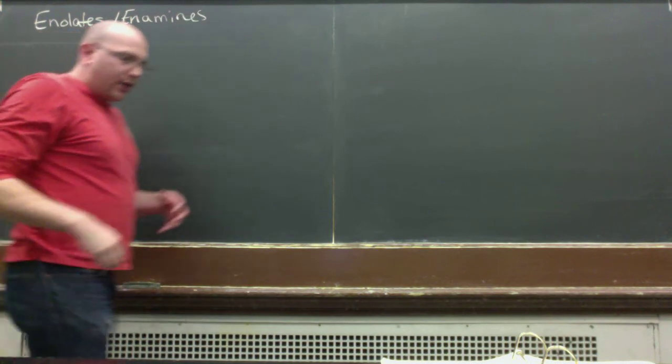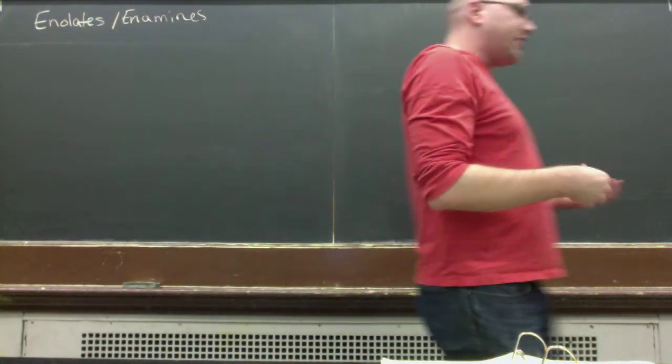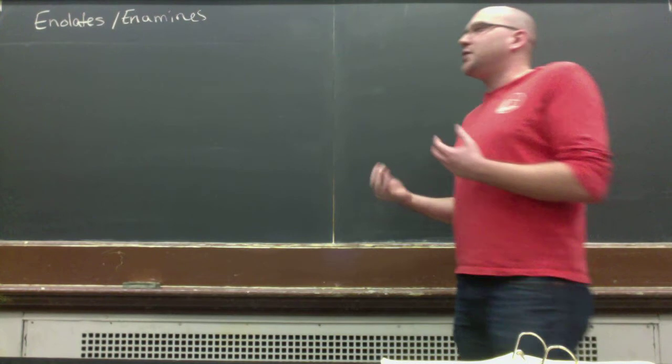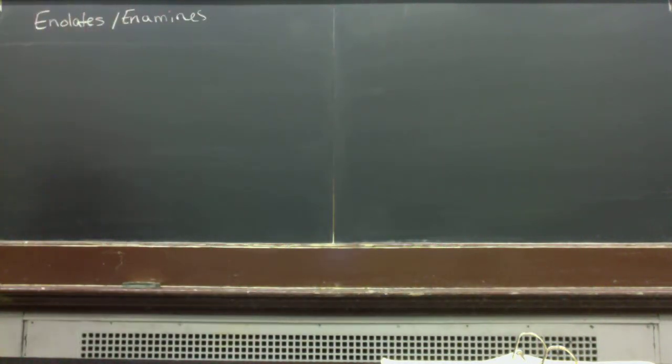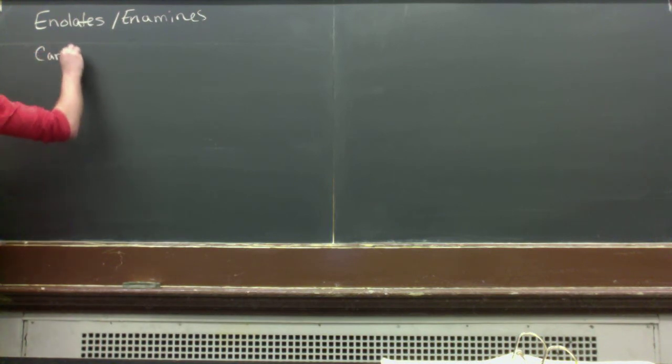About 2 classes ago, we began to talk a little bit about enamines and how we can generate them. I'll get to them perhaps later on, but the general idea here is that we've primarily looked at carbonyls as electrophiles.